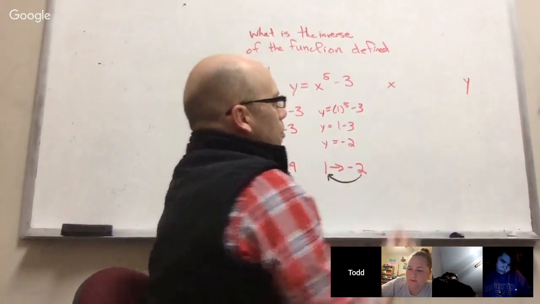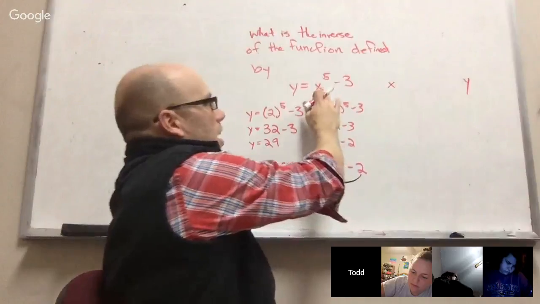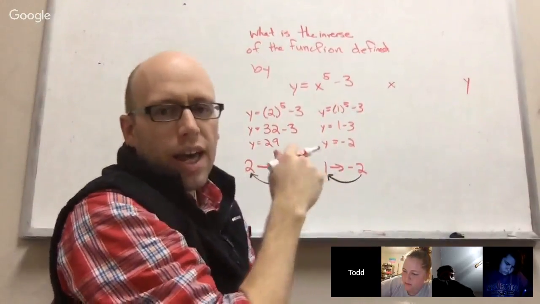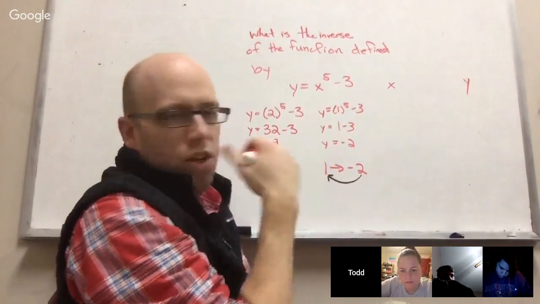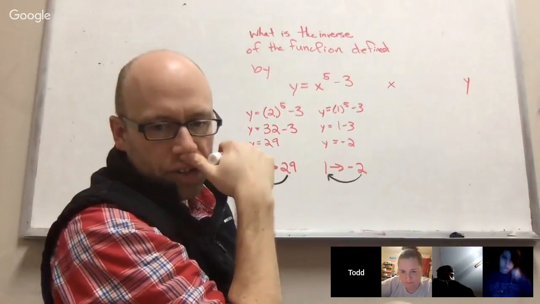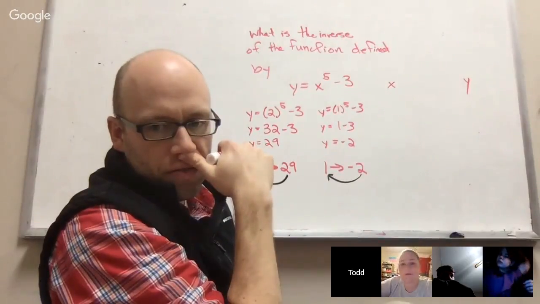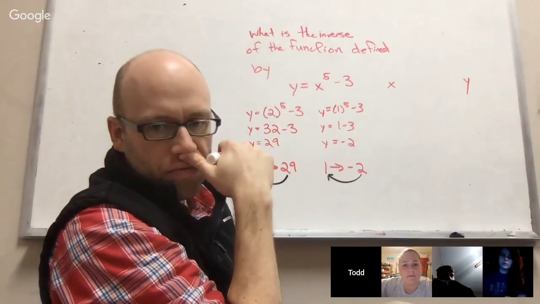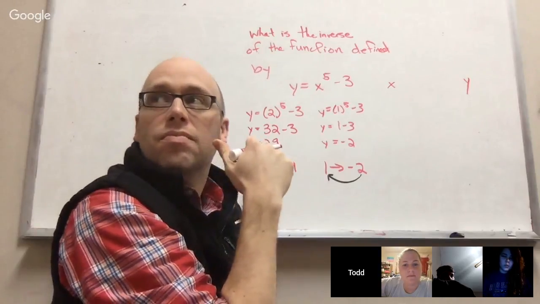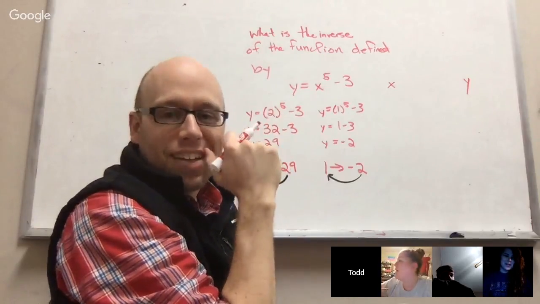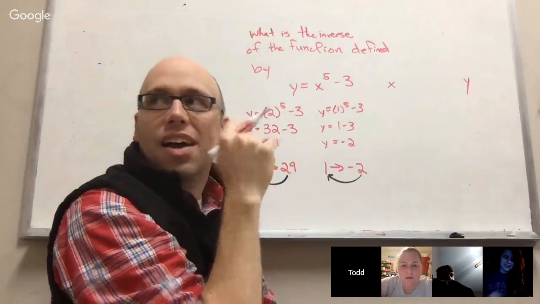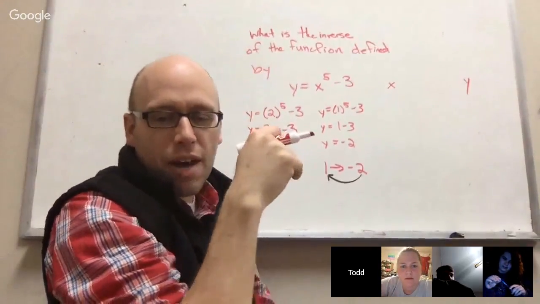So if we think about going from x to y, if you put a number in for x, what's the first thing you're going to do to that number in this function? To the 5th. Yeah, raise it to the 5th power.